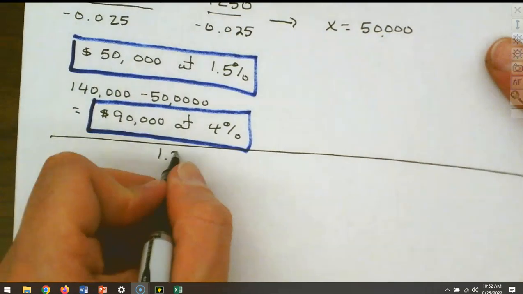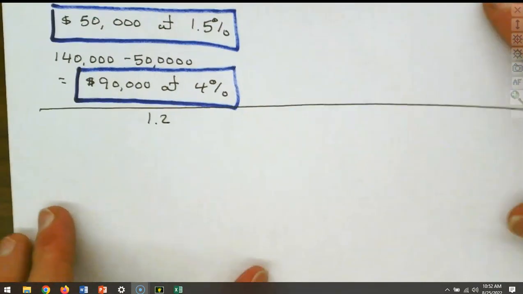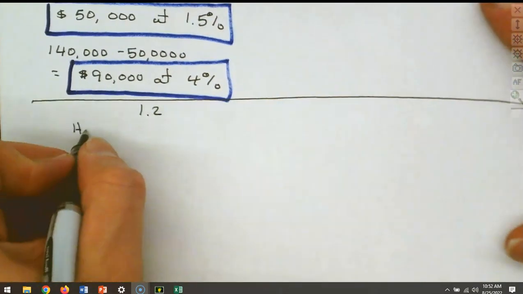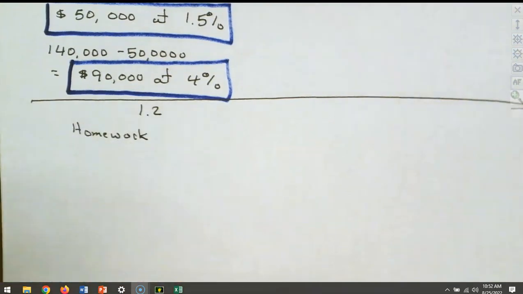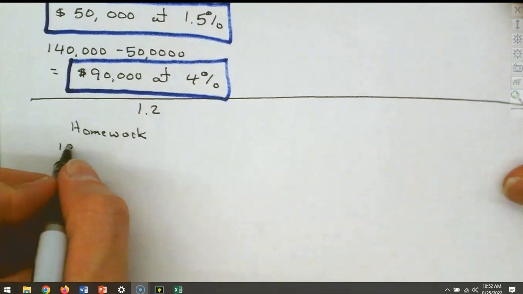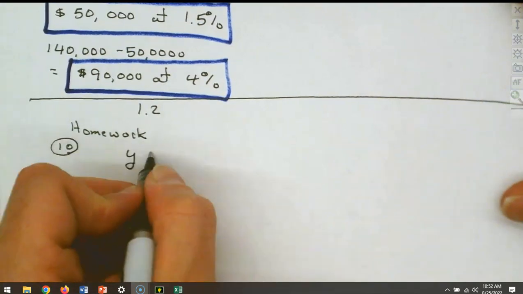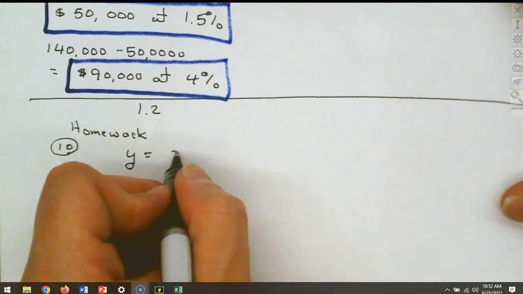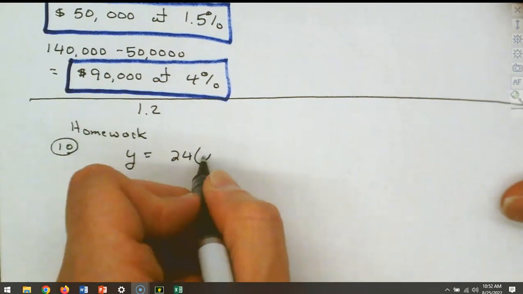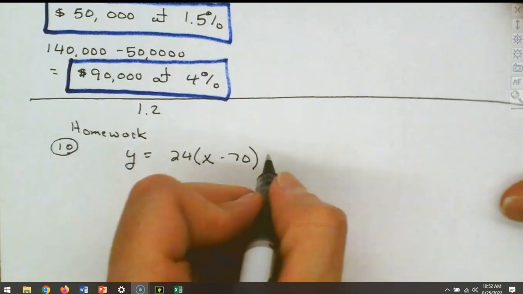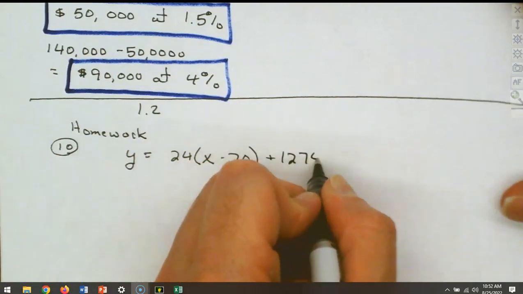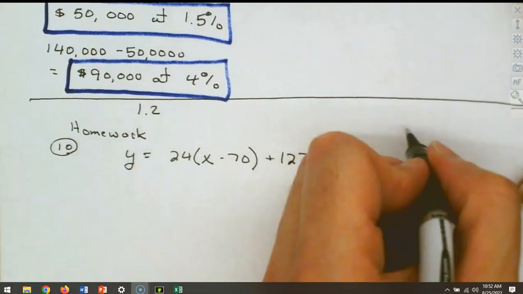And so this is 1.2, and we're going to be looking at your homework. We're going to be looking at question 10. Here's your equation. Y equals 24 times x minus 70 plus 1274. And x is going to be the temp.